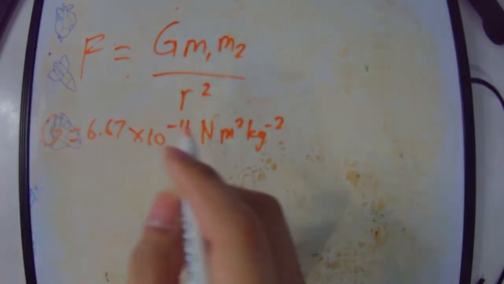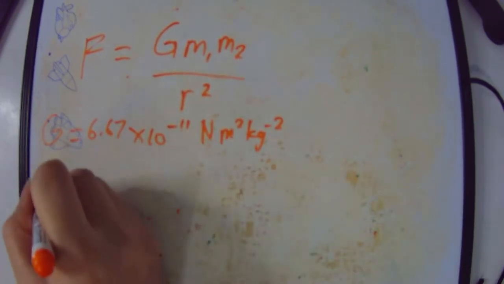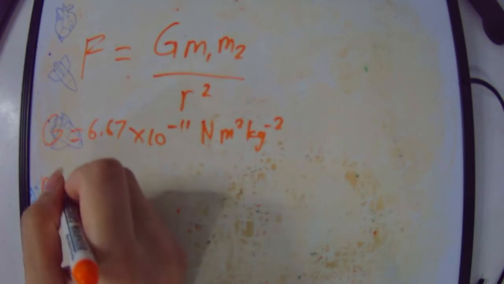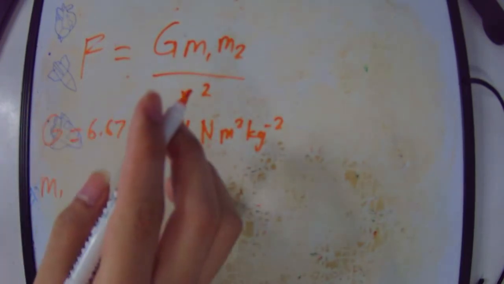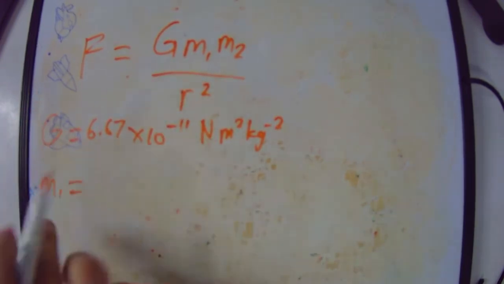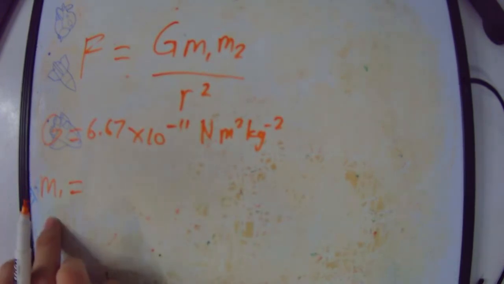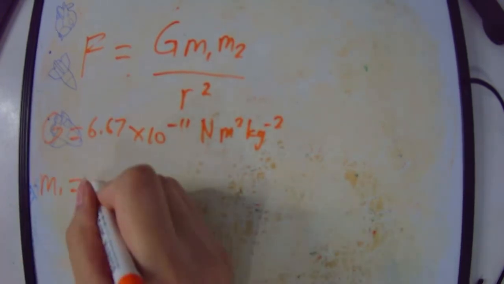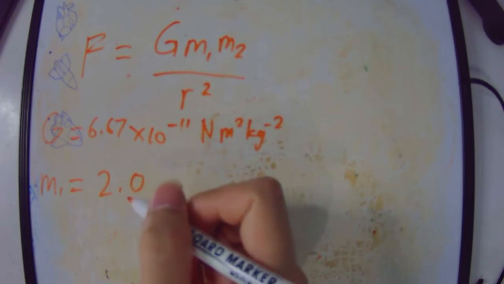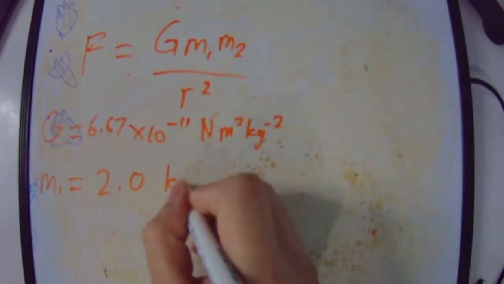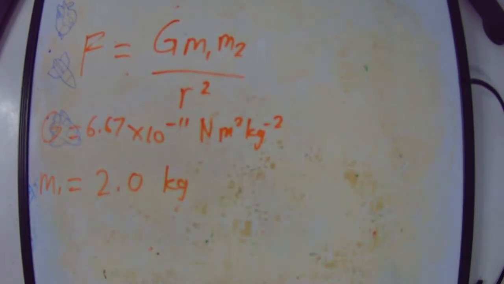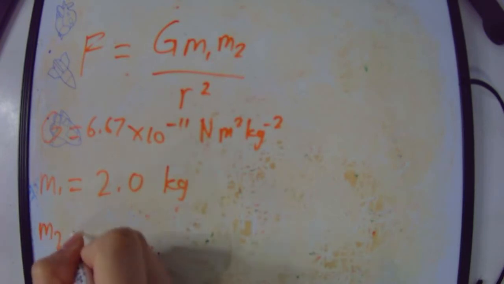Okay, let's put the durian as M1. It doesn't really matter because you can put either one and you'll still get the same result. But let's use the durian as M1, mass 1. The durian is 2 kilograms as per the question just now. Now the mass of the Earth, let's use it as M2.